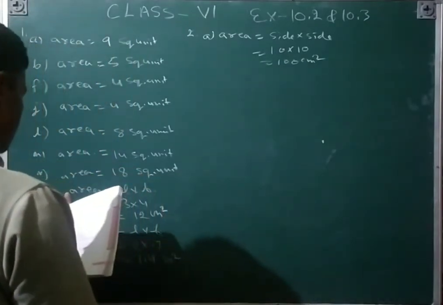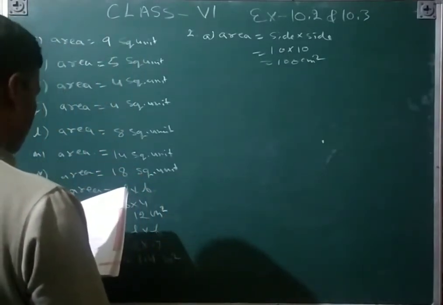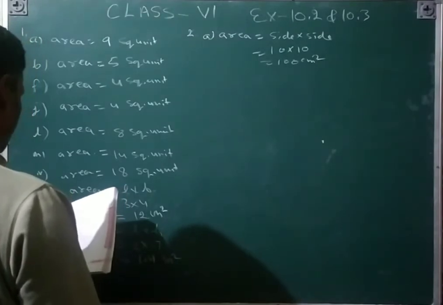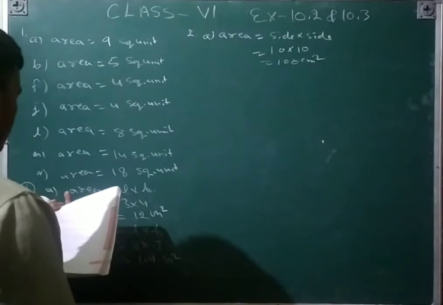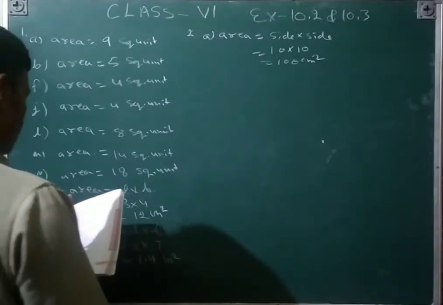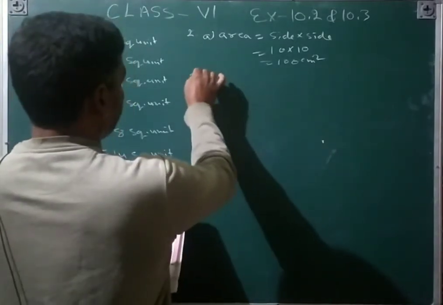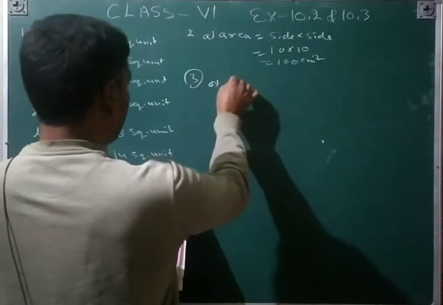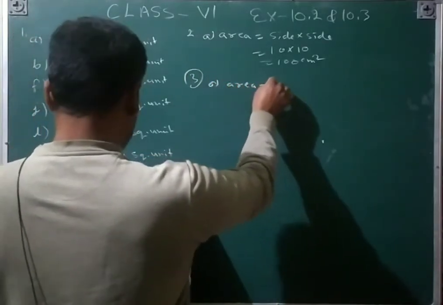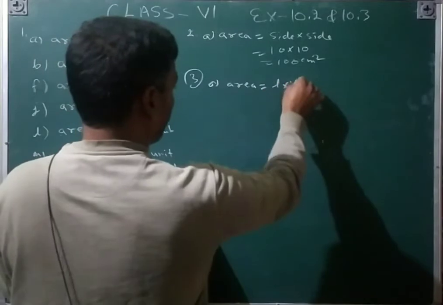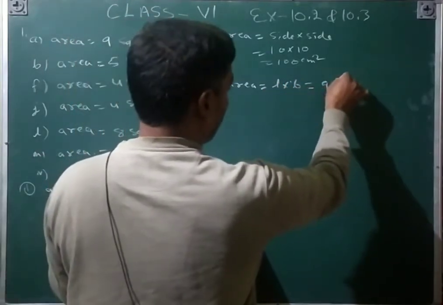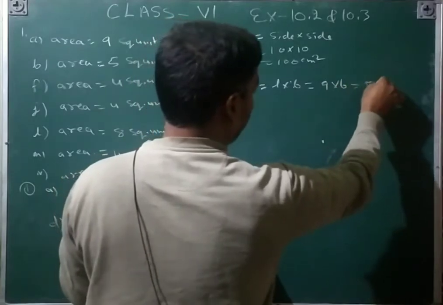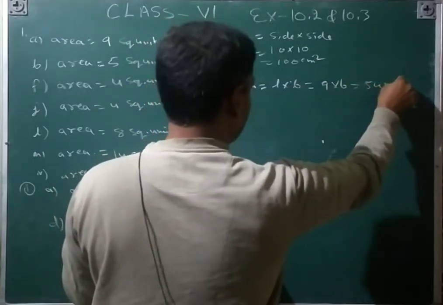Length and breadth of the 3 rectangles are given below: A part, B part, C part. Which one is the largest area and which one is the smallest area? So first, A part, area is equal to L into B, that is 9 into 6, 54 meter square.